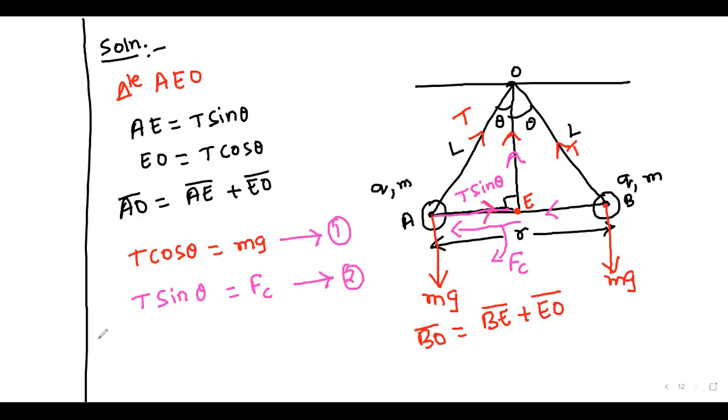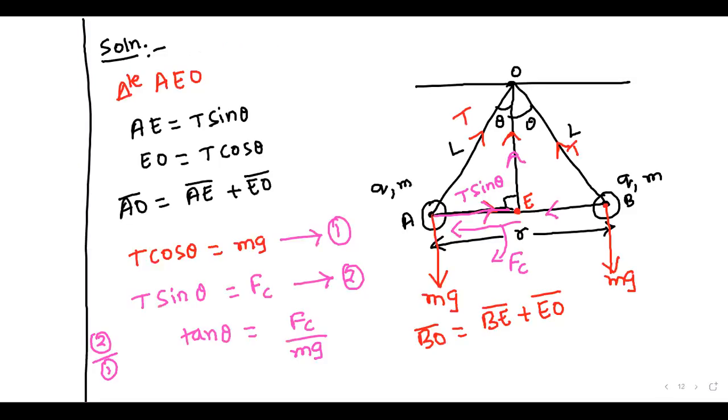Equation 2 divided by equation 1, we can write tan theta equals Fc by mg. So we get Fc equal to mg tan theta. Is it fine?